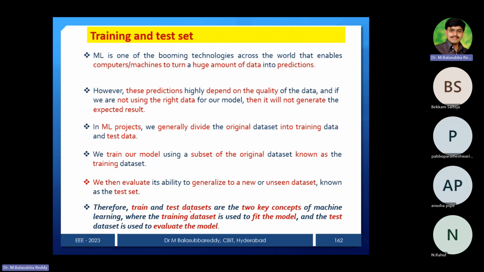The reason is that for the test set also, you have the outputs, so if you give the data, you can check whether it is predicting correctly or not, because the answer is known to you.